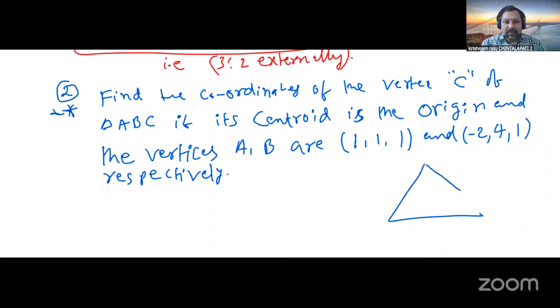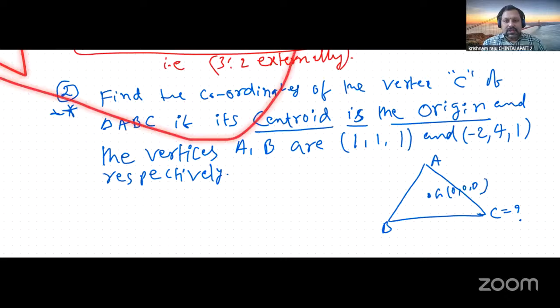As per the given data, underline this: the centroid is the origin, which means G is given. So G equals (0, 0, 0). Please don't operate the board.